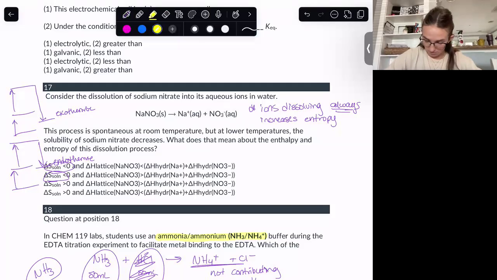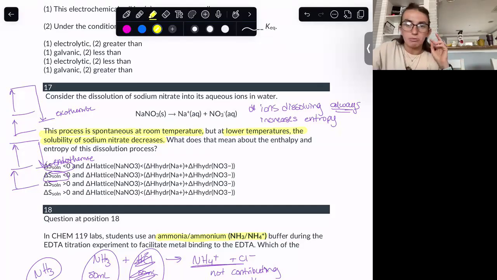So because of the fact that we have a spontaneous reaction at room temperature but at lower temperatures the solubility of sodium nitrate decreases, the cooler everything gets, the less soluble it is, which means you don't have enough heat to overcome the lattice energy required to break those bonds in order to dissolve them.